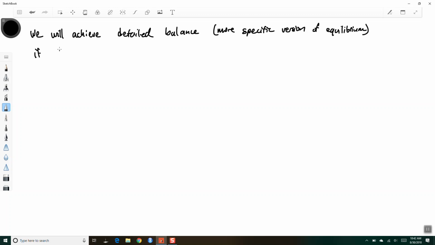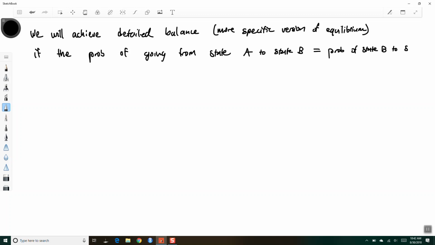If the probability of going from state A to state B is equal to the probability of going from state B to state A, okay?